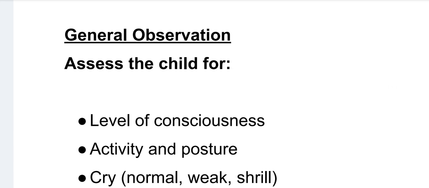Before you even start specific observation like abdominal examination, inspection, or palpation of the abdomen, you want to look at more of an overview, the general assessment. So for the child, you're going to assess levels of consciousness. Is the child conscious? If they are conscious, there are levels of consciousness.